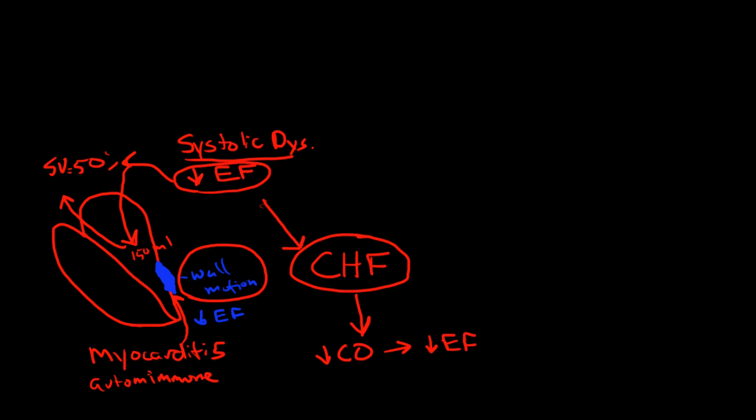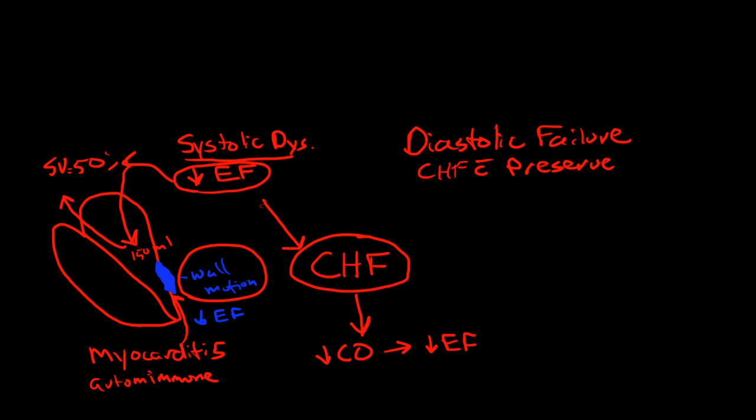Okay, so the other type of left ventricular failure used to be called diastolic failure, and I think this describes the pathophysiology of it best, but it's now known as congestive heart failure with preserved ejection fraction.